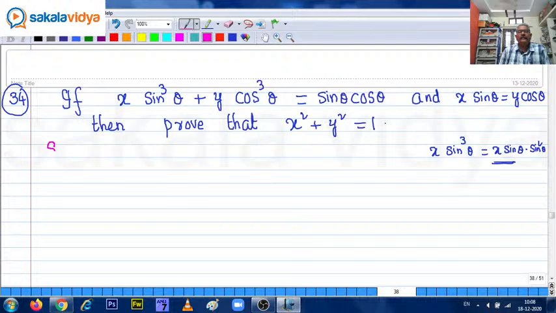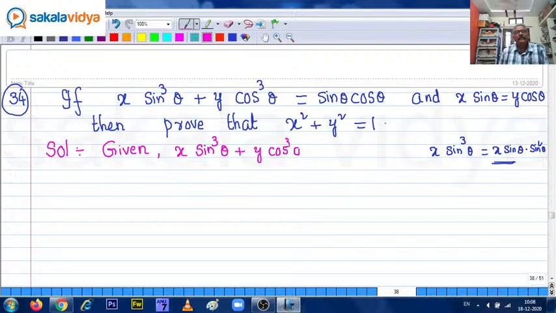Solution. Given x sine cube theta plus y cos cube theta equals sine theta into cos theta, say equation 1.